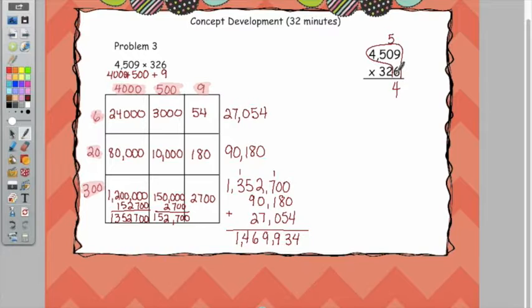Okay? So technically, I don't even have to write the 5 up there. I can just write it beside. If you see the 0 coming, you don't actually have to regroup the 5. You see what I'm saying? You can. There's no rule against it. Now when I do 5 times 6, I have to regroup my 3 way over on top of the 4.